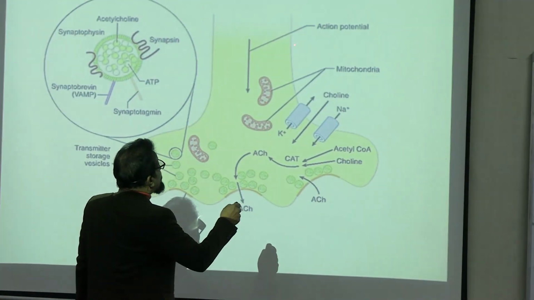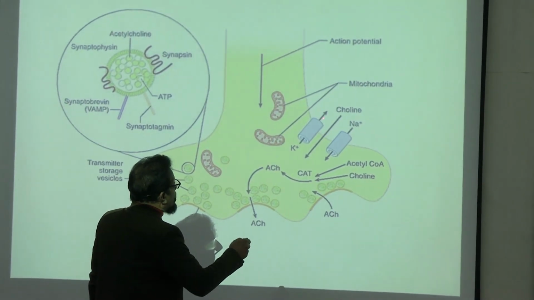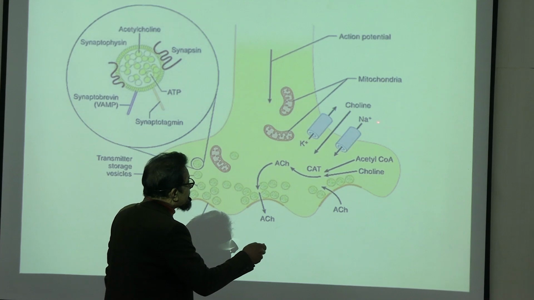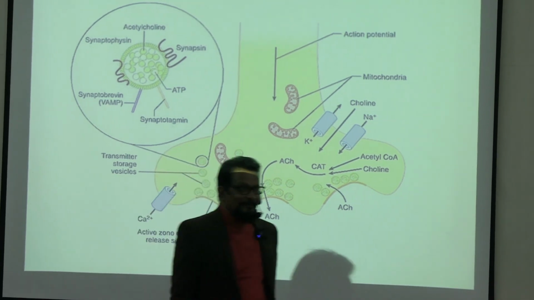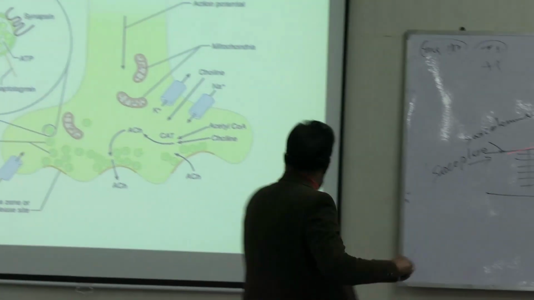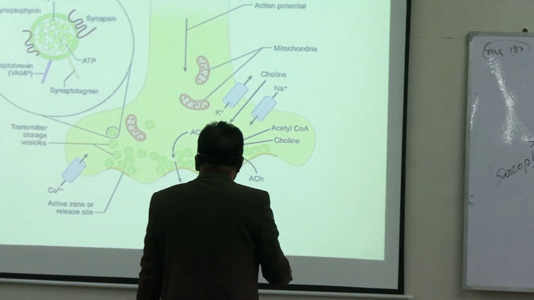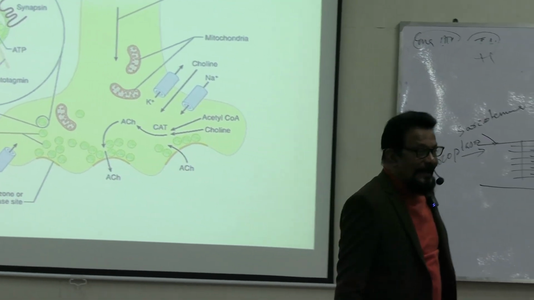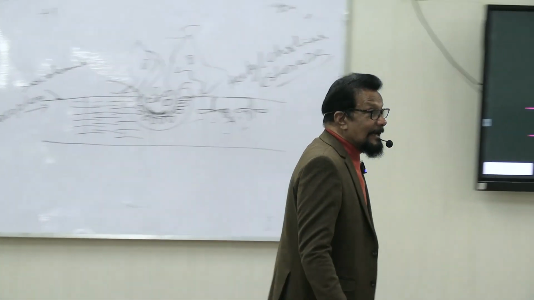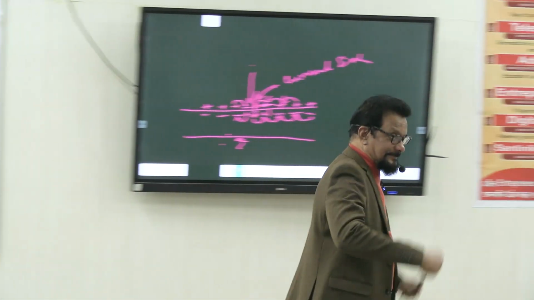So the wave of action potential through the loop formation is coming. When this action potential arrived here, these are the active zones. And in the active zones, there are a lot of calcium channels.